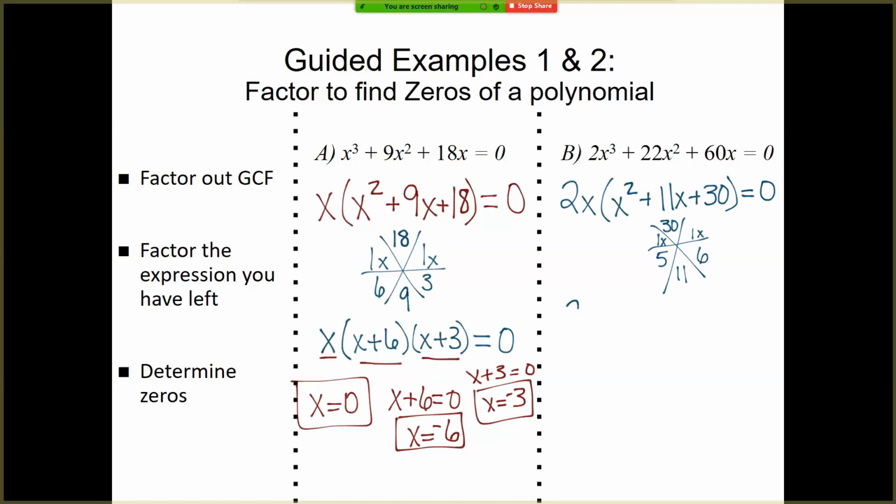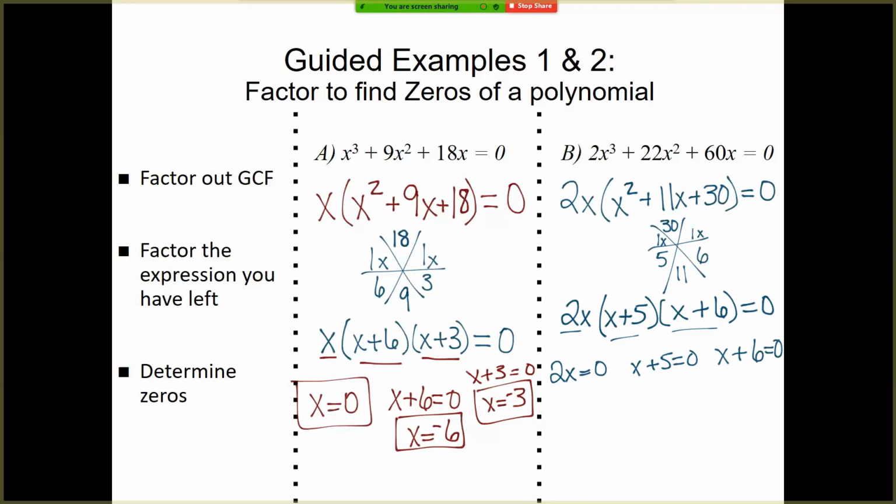So now I have 2x, my greatest common factor, and then my two factors, x plus 5 and x plus 6, still equals 0. At this point, I'm going to set all three of my factors equal to 0. 2x equals 0, x plus 5 equals 0, and x plus 6 equals 0.